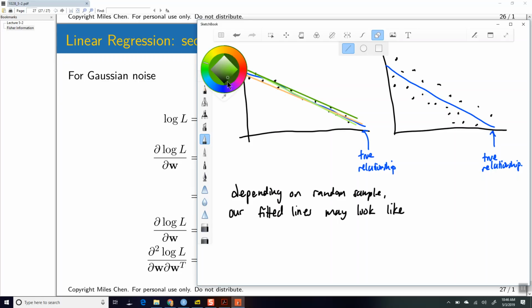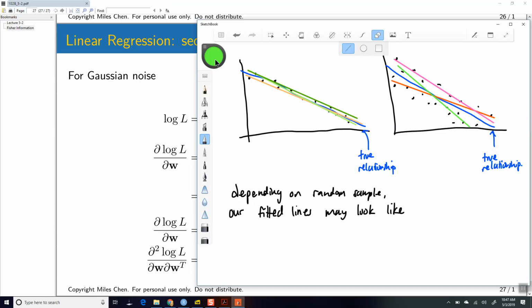Whereas over on this plot, depending on your random noise, maybe you get something that looks like that, or something that ends up there, or down like this, depending on the random observations that show up in our data.